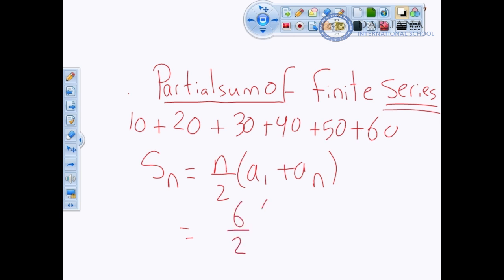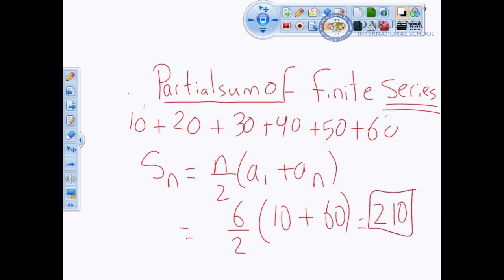So 6 over 2 times first term is 10 plus the last term is 60. And we're going to find the answer of this, which is 210. What about if the series was infinite?